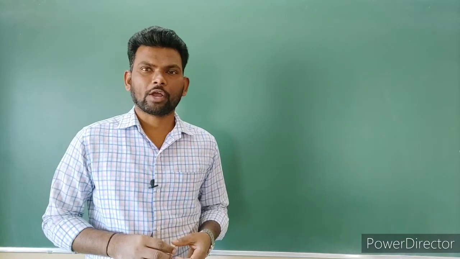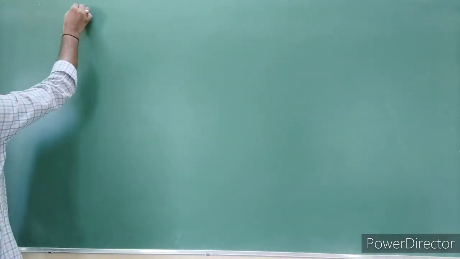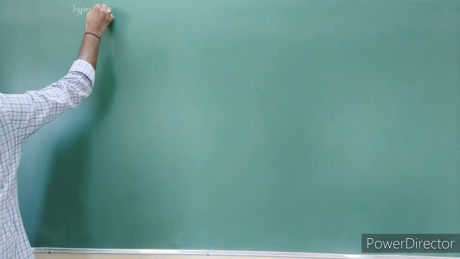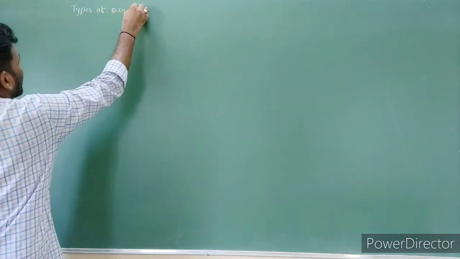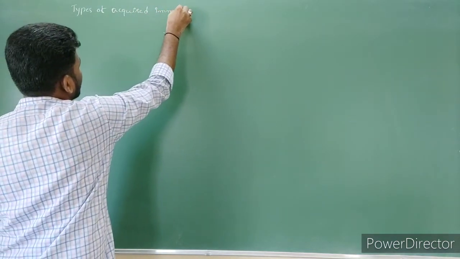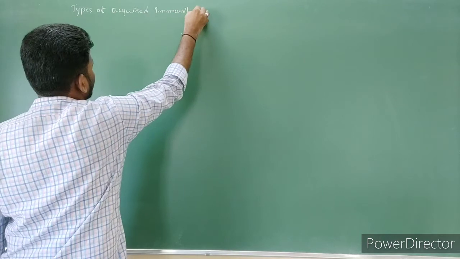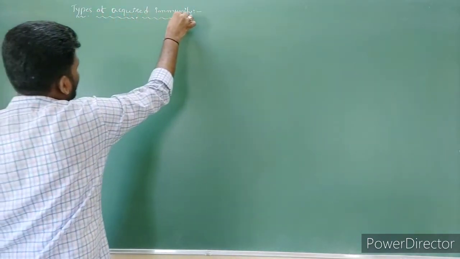Next are the types of acquired immunity. This acquired immunity is mainly divided into two types.